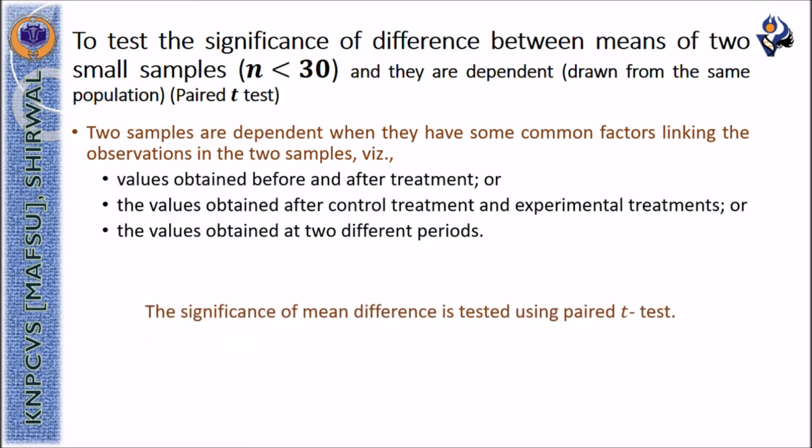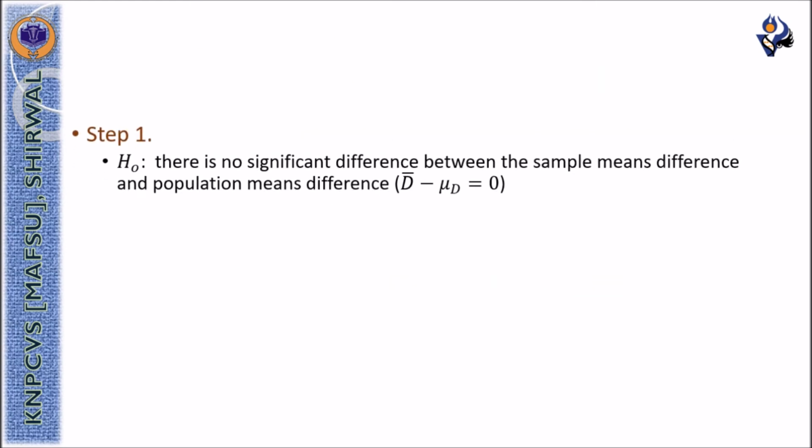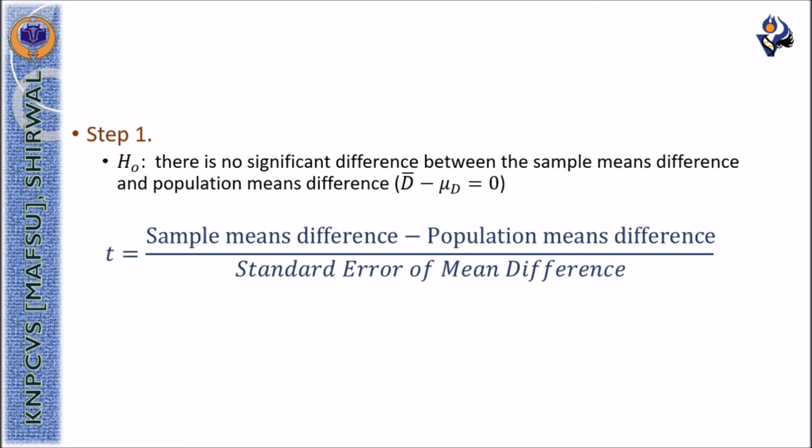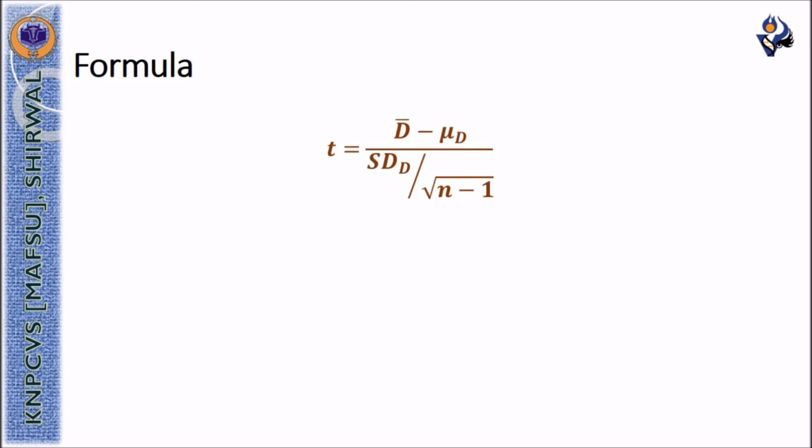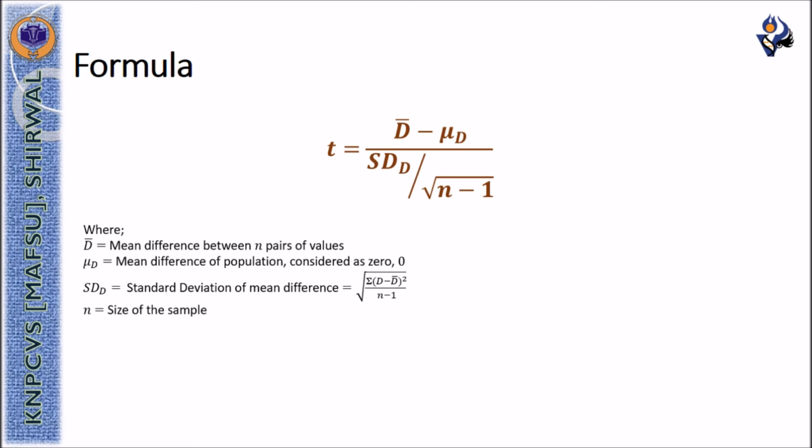The significance of mean difference is tested using paired t-test. Here, the first step is to put forth the null hypothesis that there is no significant difference between the sample mean difference and the population mean difference, and the value of t is obtained with the formula sample means difference minus population means difference divided by standard error of the mean difference, such as t is equal to capital D bar minus mu d divided by standard deviation capital D divided by under root small n minus 1.